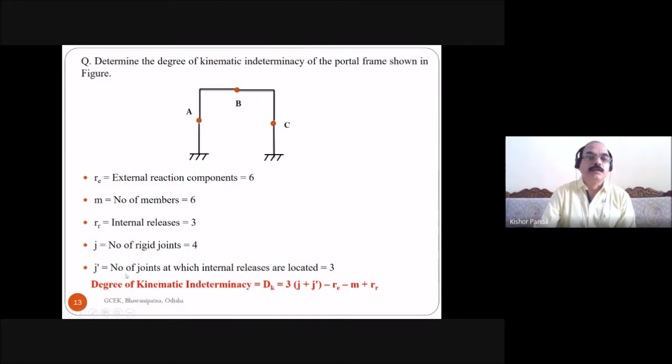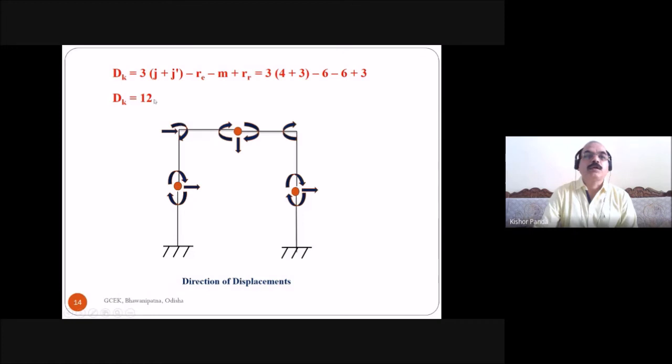The z dash is equal to the number of joints at which internal releases are located. There are 3 internal hinges and 3 internal releases, so these are the 3 joints at which the internal releases are located. Z dash is equal to 3. Then you put these values in this equation and find out the degree of kinematic indeterminacy.